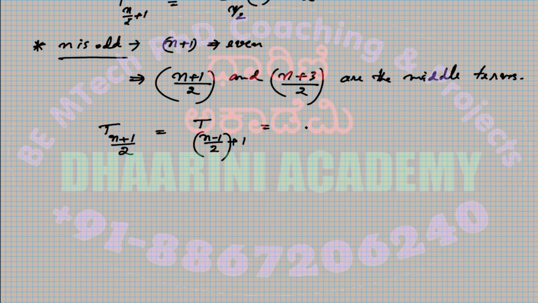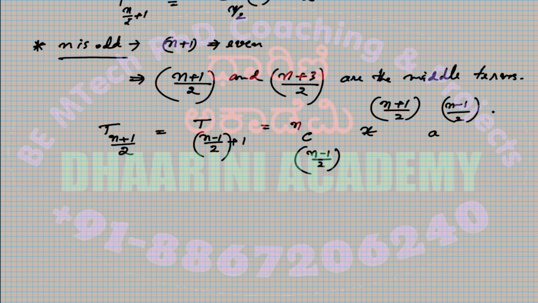So this is equal to nC((n-1)/2) into x to the power (n+1)/2 into a to the power (n-1)/2.